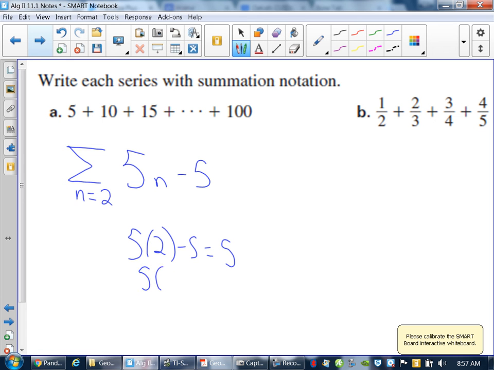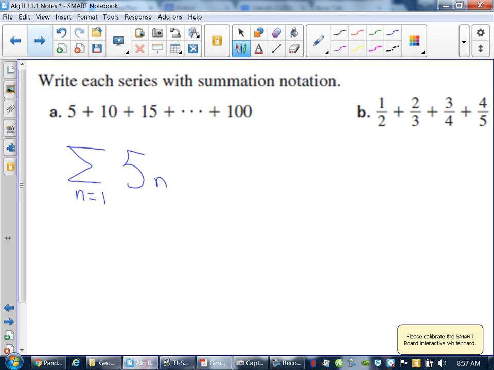Then 5 times 3 minus 5, which is 10. So I could do it that way too. There's multiple ways to write these formulas out. Now, would I want to do it this way? If you really feel like it. I really wanted to, but that's just kind of silly. So it's 5n minus 25. Yeah, exactly. We'll say n starts at 1.